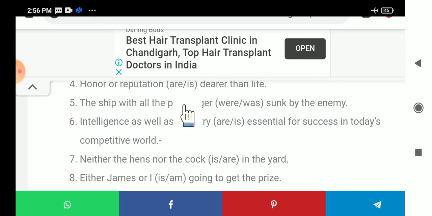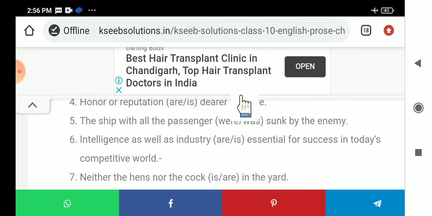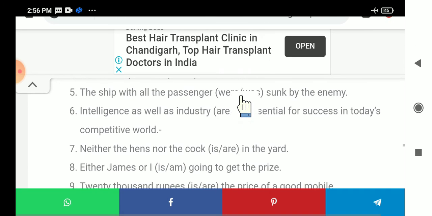Honor is singular, and reputation is also singular. For two singular subjects, which verb should come here? A singular verb, as we discussed in the previous question. There is also a comparison in the sentence. Fine. Just know the sentence according to the rules we have discussed.